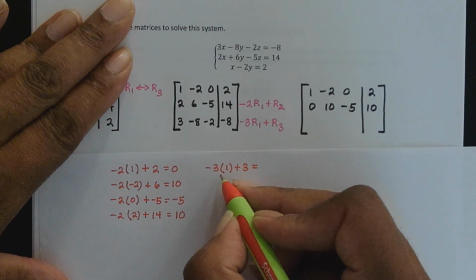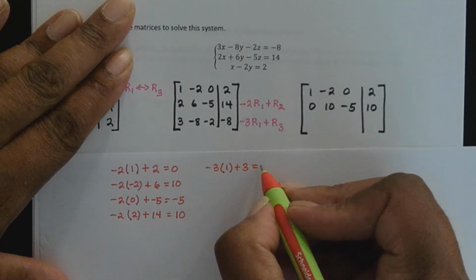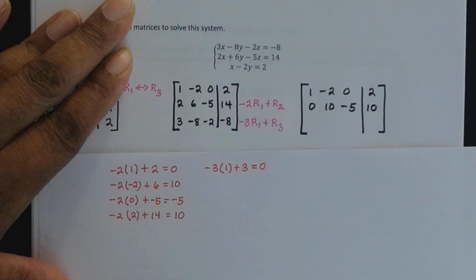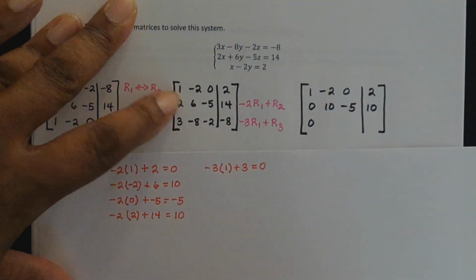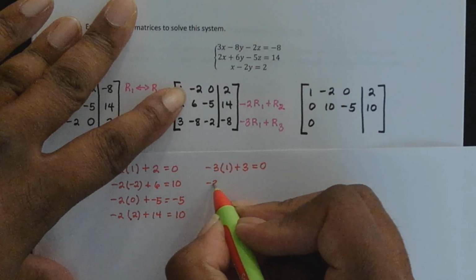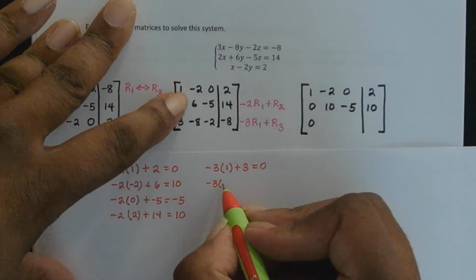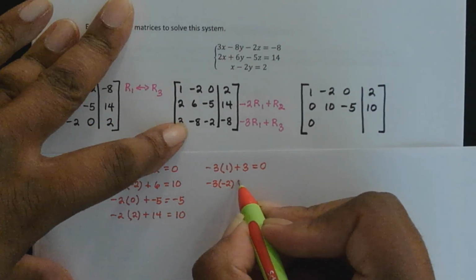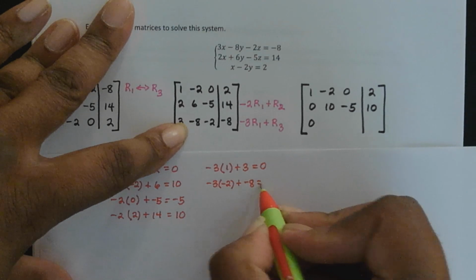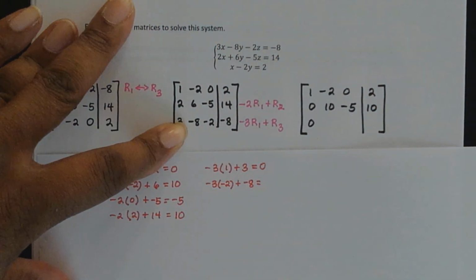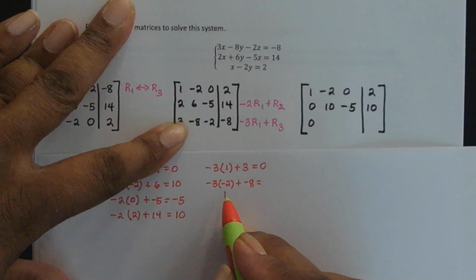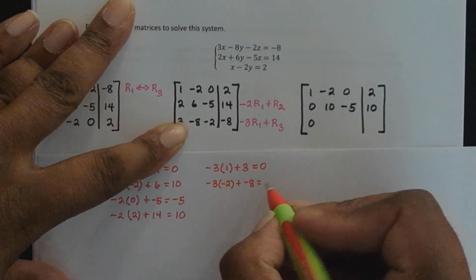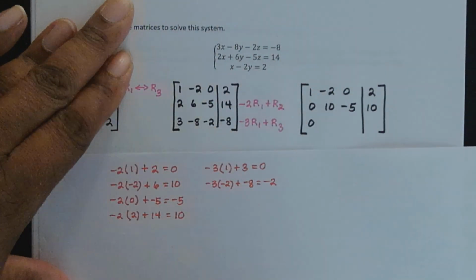So negative 3 times 1 would be negative 3 plus 3 is 0. That 0 goes here. And then next, negative 3 times this element right here, which is negative 2, plus negative 8, the corresponding element in row 3. So negative 3 times negative 2 will be 6. 6 plus that negative 8 will be negative 2.